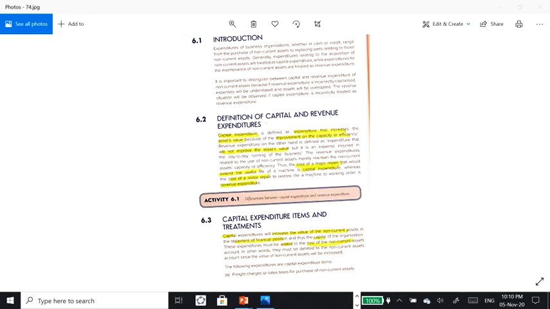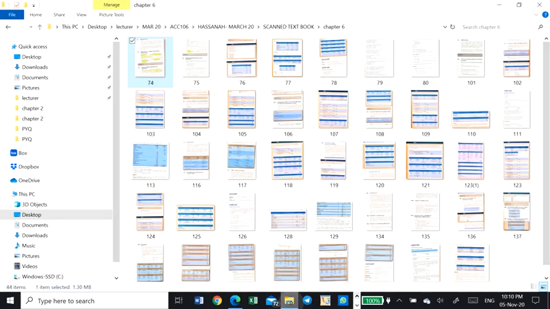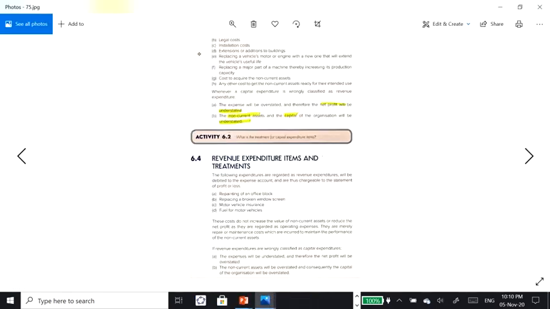So you boleh tengoklah the following expenditure are capital expenditure. You kena ingatlah freight charges or sales tax for purchase of non-current asset. Lepas tu you ada legal costs, installation costs, extension or additions to buildings, replacing a vehicle's motor. Semua-semua ni sampai H tu, itu ialah capital expenditure. Semua tu kita akan tambahkan cost-cost ni, semua kita akan tambah di dalam cost of the non-current asset, di dalam SOFP.